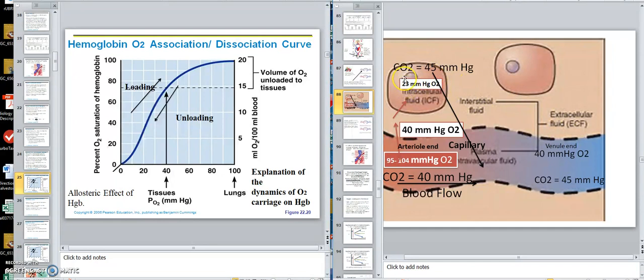Let's say you're exercising and you need a lot more oxygen. So this number is dropping significantly. Or let's say there's some other problem. Then you still have some ability to push more out because you still have 3 more left.